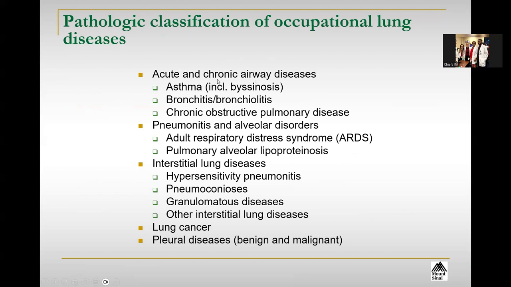So here we have chronic airway diseases, including asthma, chronic bronchitis, chronic obstructive pulmonary disease, parenchymal diseases, pneumonitis, and alveolar disorders, and it can be ARDS, pulmonary alveolar lipoproteinosis, interstitial lung diseases, a large group of diseases that includes several occupational and environmentally determined ones. Lung cancer, going all the way to malignancies, and pleural diseases, either benign or malignant.